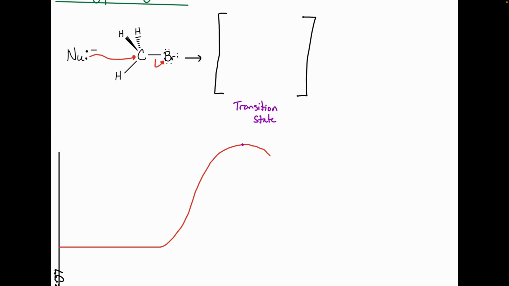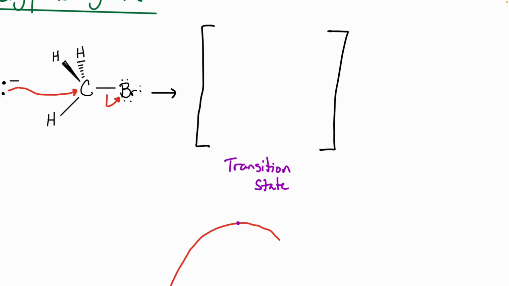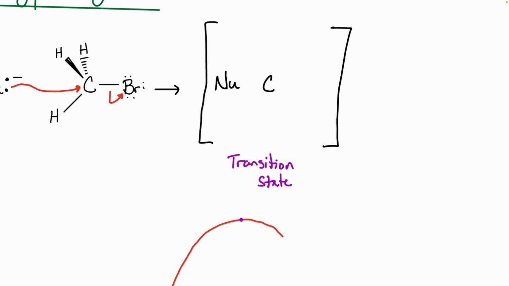All right, and again, what we would see is we have our carbon. It's got this nucleophile on one side and this halogen on the other side. And these bonds are in this half-broken, half-formed state.